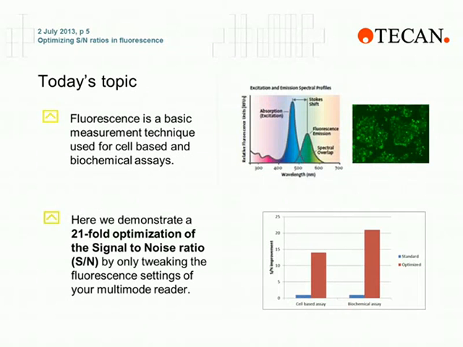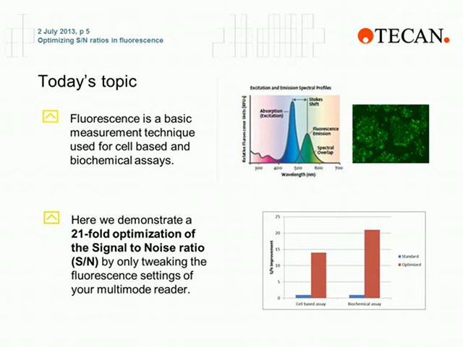Today, our main focus will lie on fluorescence assays. Fluorescence is the major used technology in life science research. It is worth mentioning that today's topic will cover all multimode readers. So this is not a Tecan specific webinar, but this content is relevant for pretty much everybody having a fluorescence capable multimode reader in their lab.